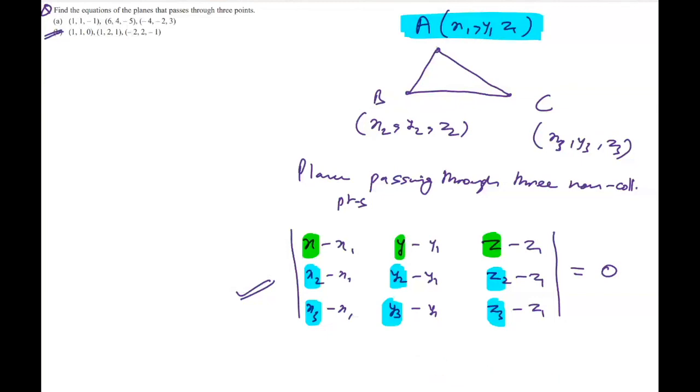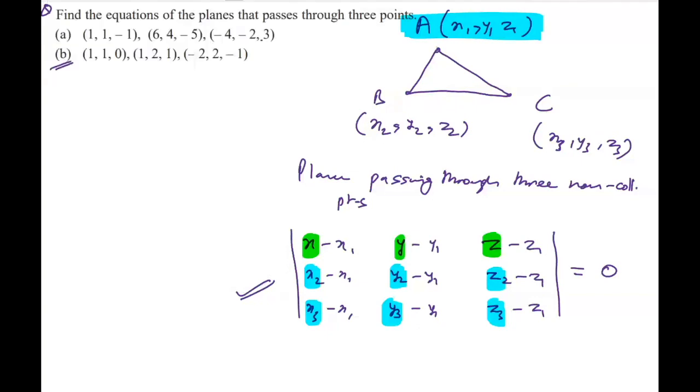So we'll do the B part. Yes, everyone has to try it. The last question of this class, B part. You just need to use this formula. That's it. You can write this formula.